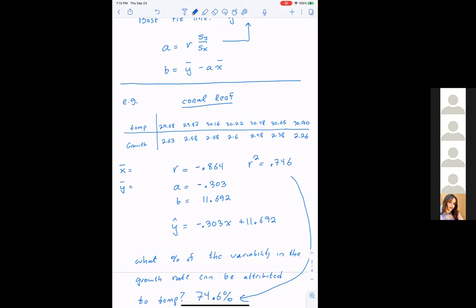How do I use my calculator to compute X bar and Y bar? Was it in the stats calc area? Yep, it is. So how do I find it? Would it be two var stats?